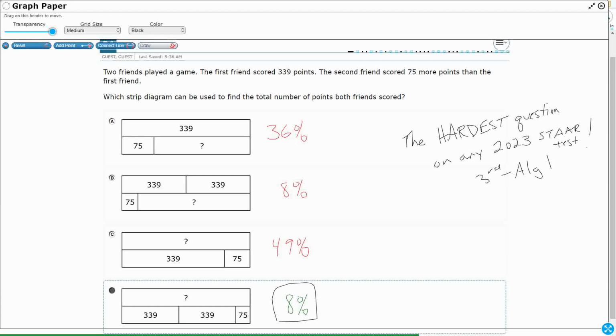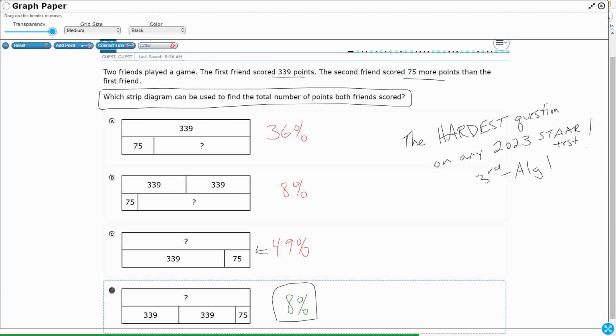Now look what the number one incorrect answer is. You probably glancing over this probably would have thought that as well, right? The first friend, 339. The second friend scored 75 more. Oh, they want me to represent how much that second friend chose. But that would completely eliminate this part of the problem right here.